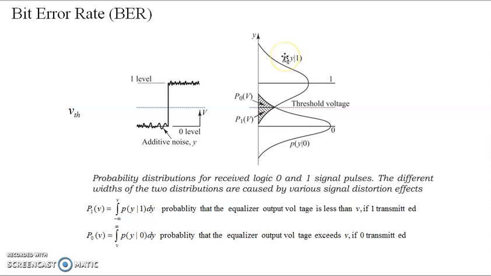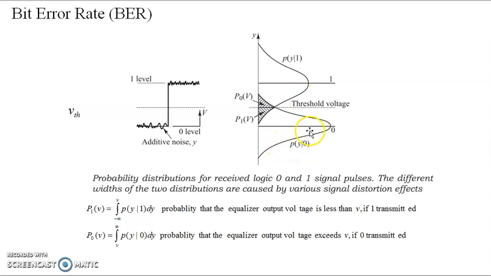Now here we have the curve P of Y1 for when we are sending 1. That is the distribution of the 1 level, and this is the distribution of the 0 level. We send 1, we get P of Y with respect to 1, and P of Y with respect to 0.